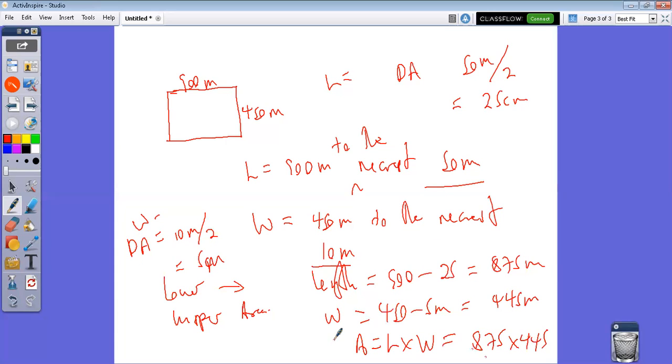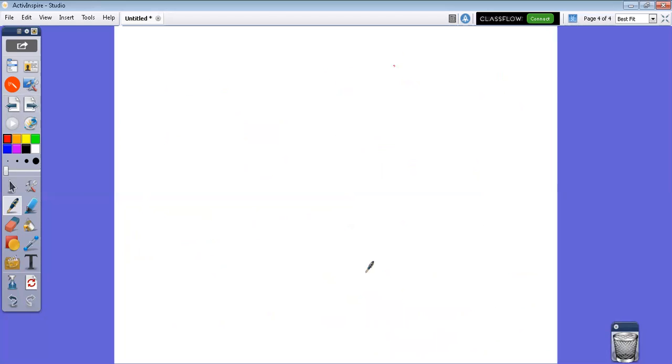Make sense? Yes, sir. So that in itself is easier. Where it becomes tricky is where I divide something. For example, I know that speed is equal to distance over time.